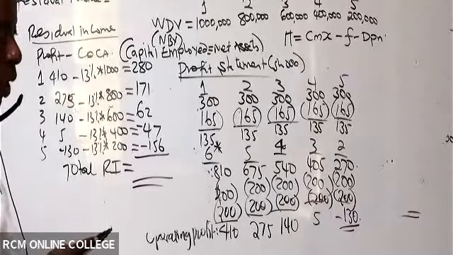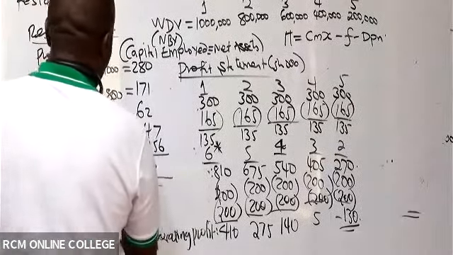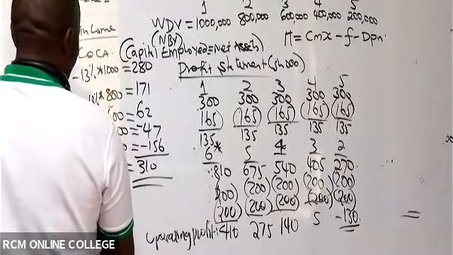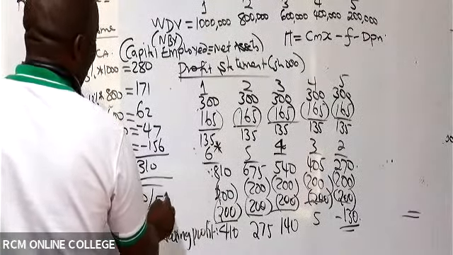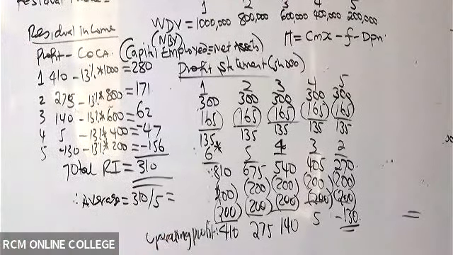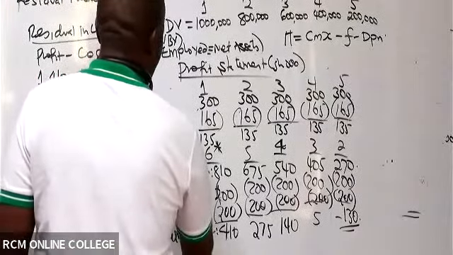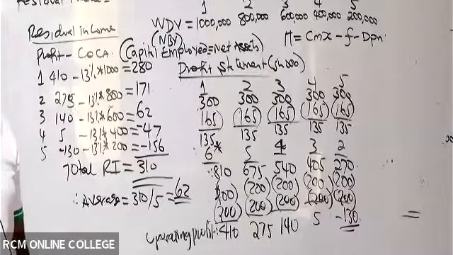Total residual income, according to Maggie, is coming to 310, and therefore the average will be 310 divided by the number of years, which is 5, which is 62.